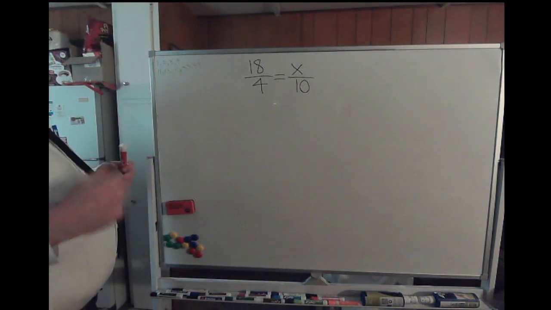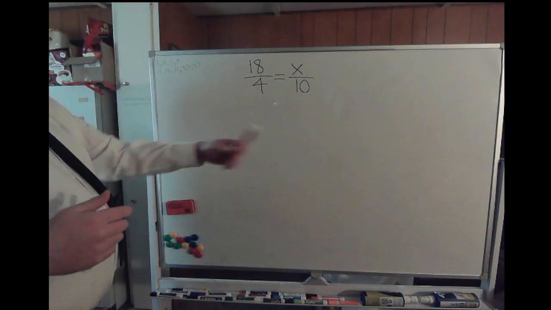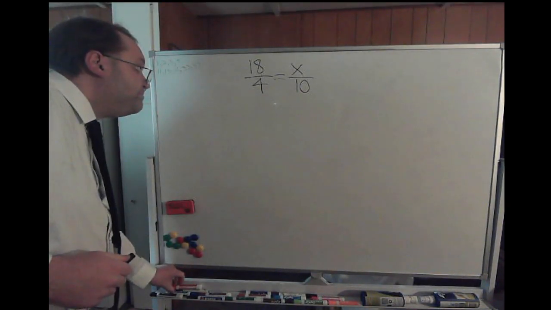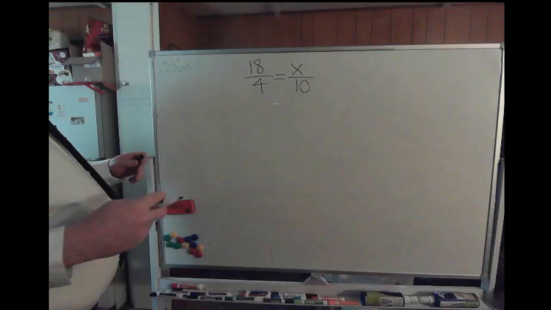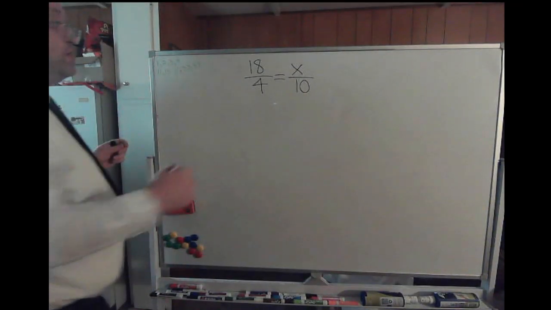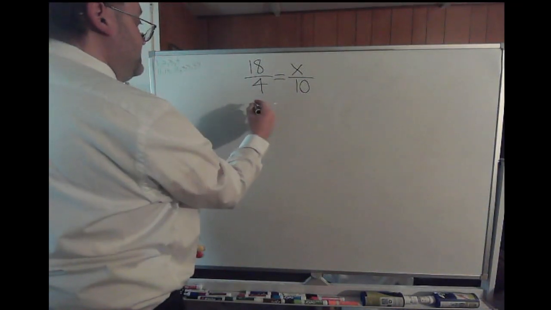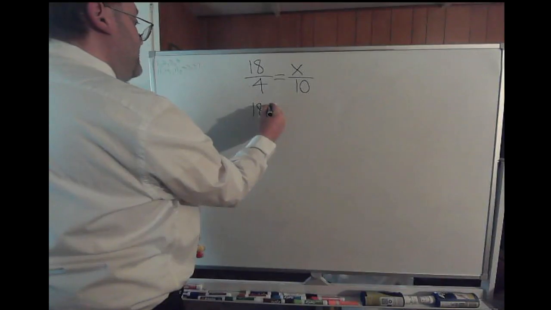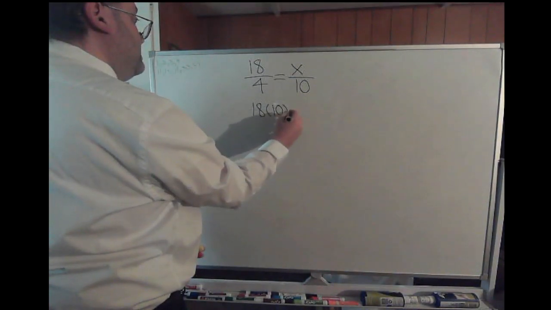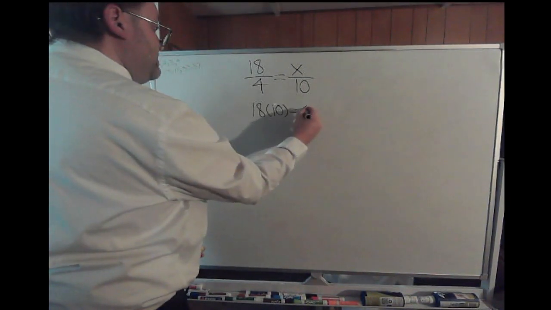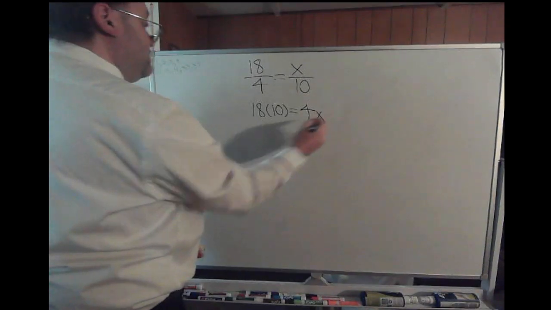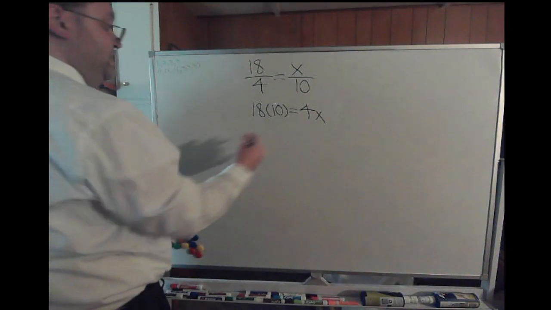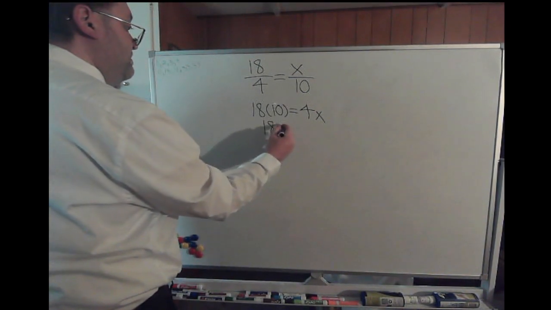We need to find that value of x that would make these two ratios proportional to each other. In order to do that, you're going to take the cross product, 18 times 10, so you'll have 18 times 10 is equal to 4 times x, which would be 4x. 18 times 10, well, that's 180.